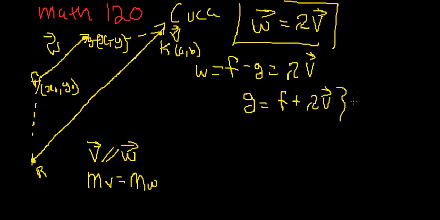Well, this looks like y equals mx plus b, doesn't it? Where y is g, and f is b, and lambda is m, and v is x. And that's where that comes from. You really don't have to know that, but it's just interesting to know where that came from. So this is also very important, so I'm going to box this.